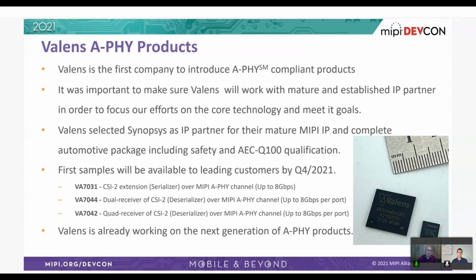And of course, on the other side, there is the deserializer, which has 2 flavors. One is a dual receiver, and one is a quad receiver A-PHY, where each port can support up to 8 gigabit per second.